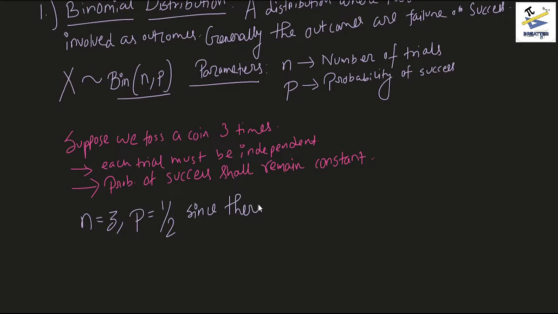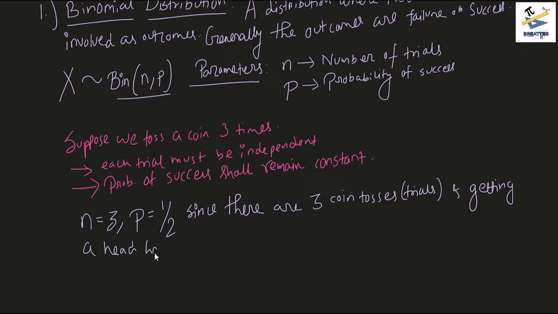There are 3 coin tosses, which are basically called trials here, and getting a head has probability 1/2 always, right? Because the coin does not change to an unfair coin in the middle, it always remains a fair coin, and that is why the probability of success is 1/2 regardless. So it can be modeled as a binomial distribution.